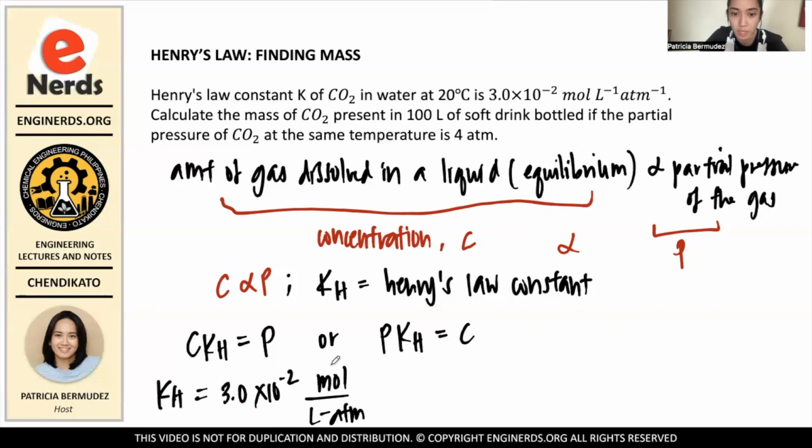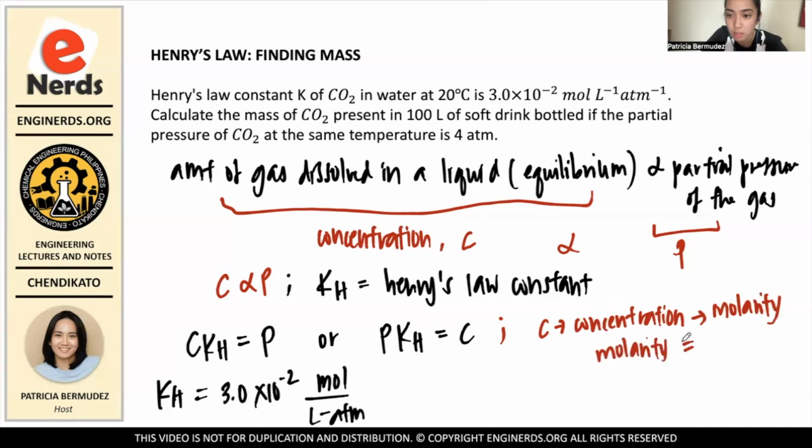Okay? And in here, alam natin na yung concentration, C, is measured in terms of molarity. Okay? And yung molarity natin has a unit or it is equal to mole per liter. Yun yung unit ng molarity.